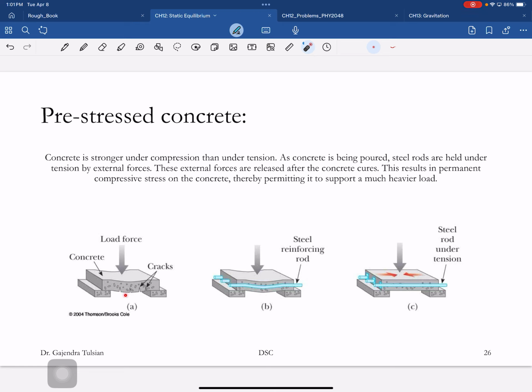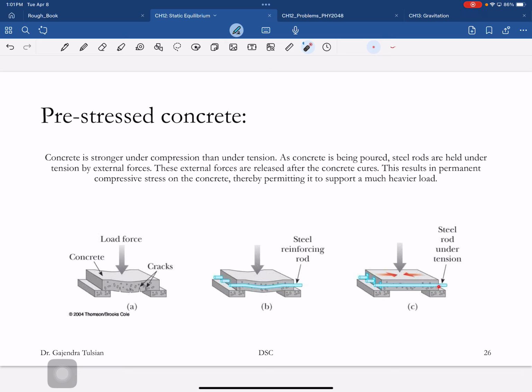Over time, you develop cracks at the bottom of the bridge. And so you want to fix that problem. So here's what you do. You put reinforcing steel rods, but again, you would still experience cracks. So here's the solution we eventually came up with.